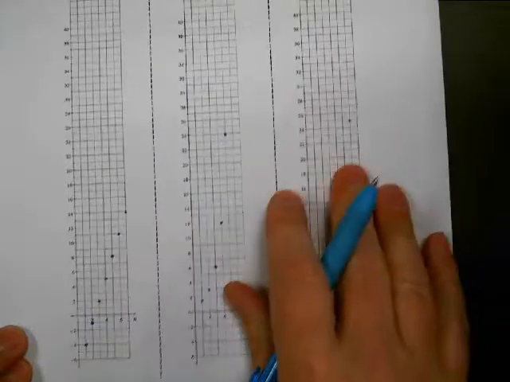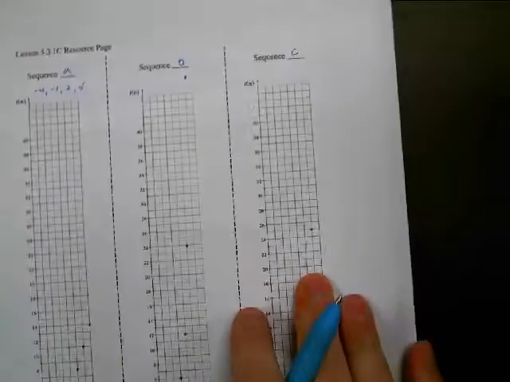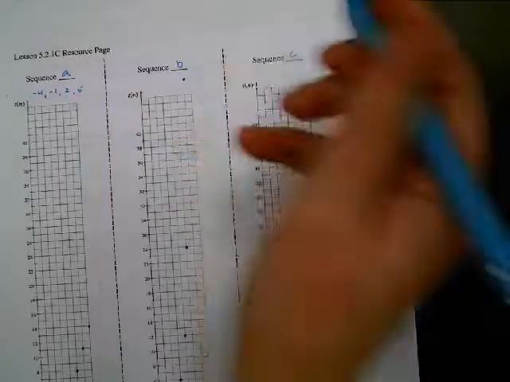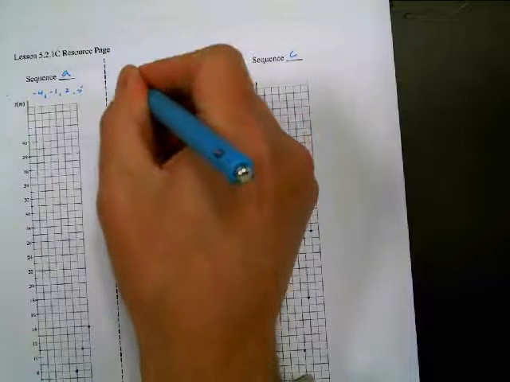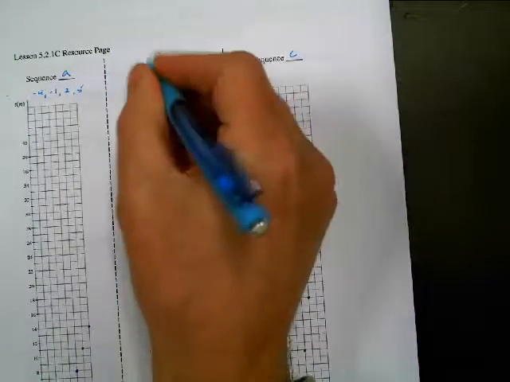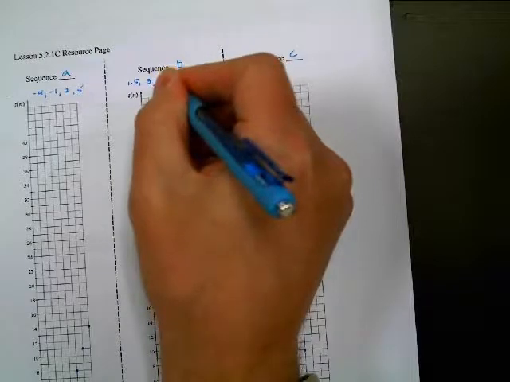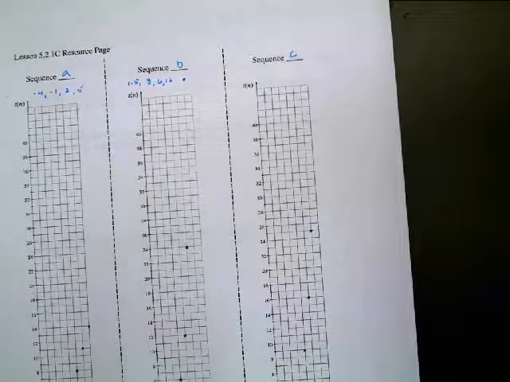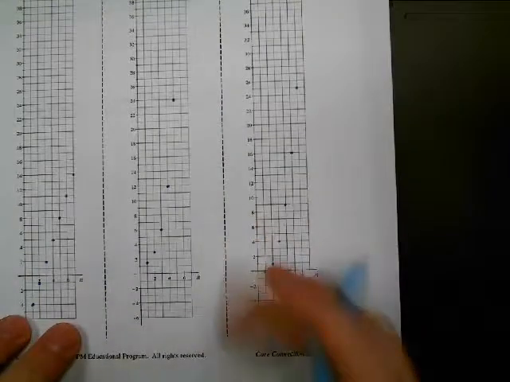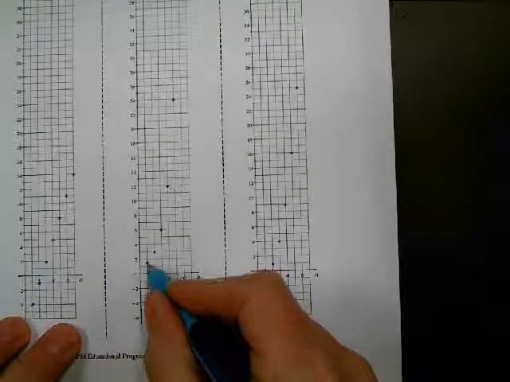Part B, that's the one that had 1.5, 3, 6, 12. And we were saying on this one, oh, we're multiplying by 2 each time. So if I put my first term in there, my first term was 1.5.